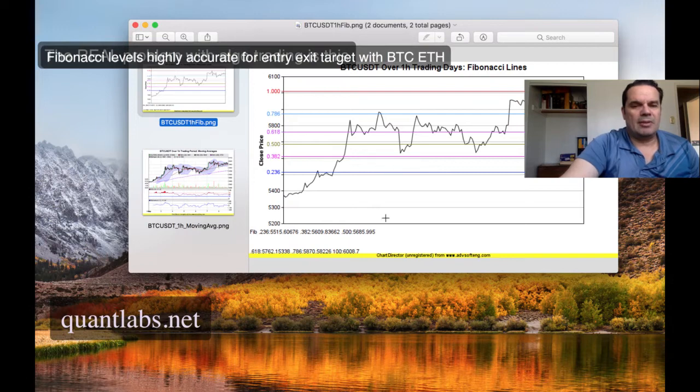So for instance, remember, this is going back one week. Usually you can use this level as support. We have a price move, and it's going to break through this 0.5 level. A couple of ways we can do it for an entry: we're going to use these levels as support.